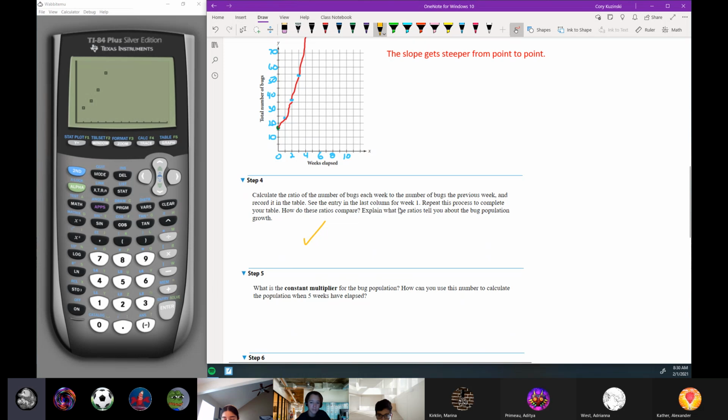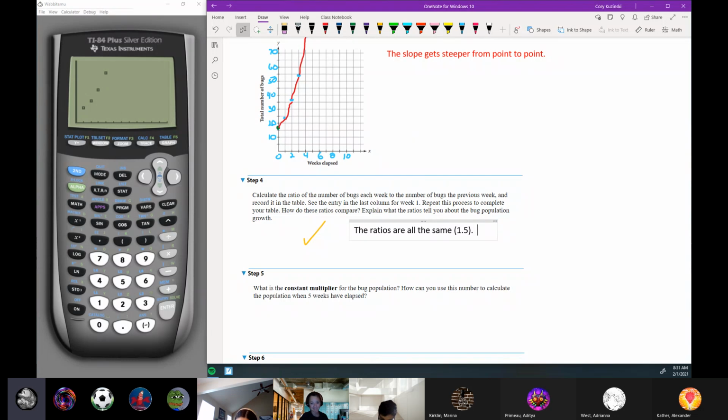All right. Let's see, calculate the ratio of number of bugs each week to the number of bugs the previous week and record it in the table. See the entry in the last column for week 1. Yeah, we did that. Repeat the process to complete your table. How do these ratios compare? The ratios are all the same, 1.5.